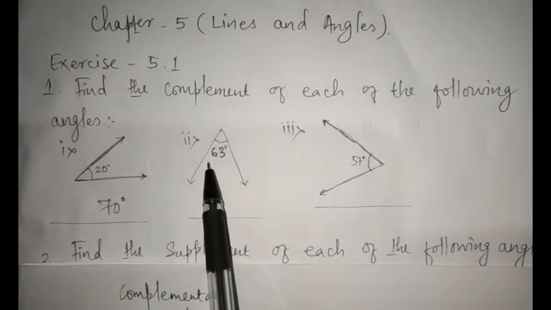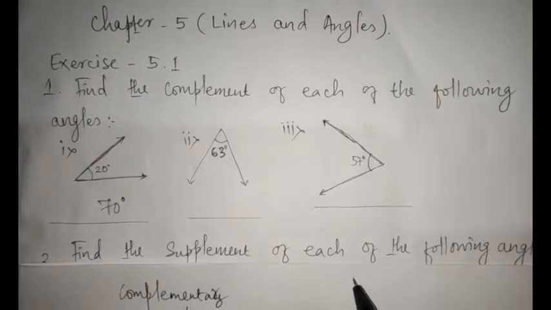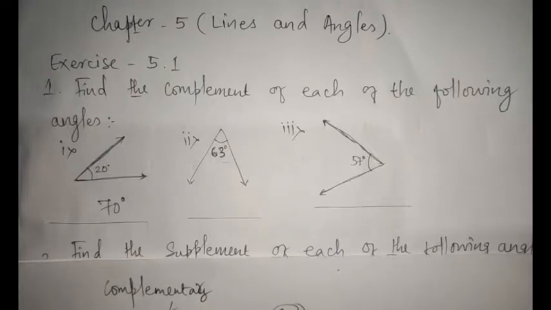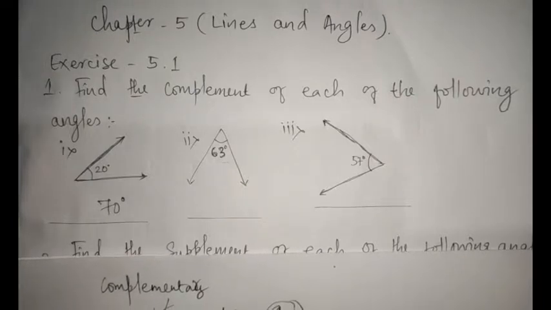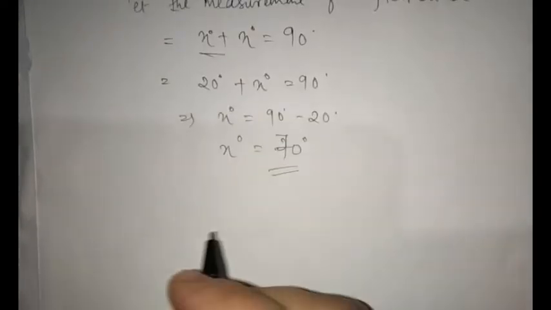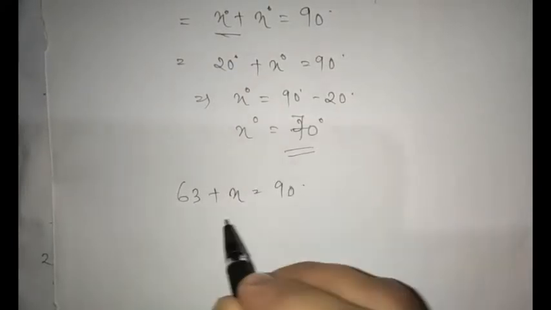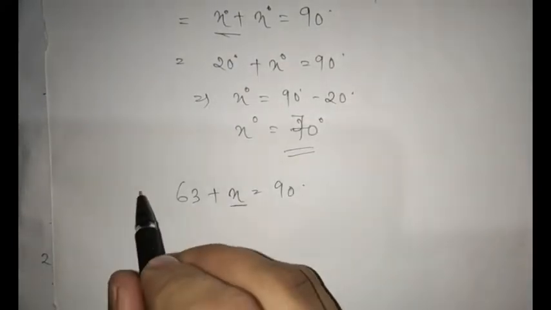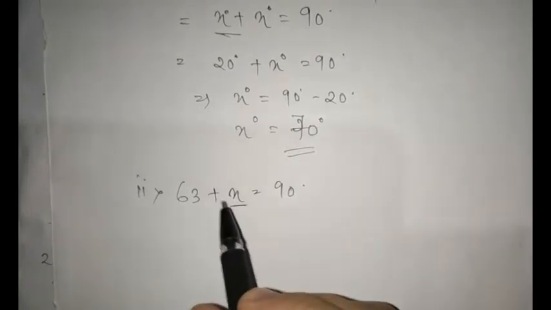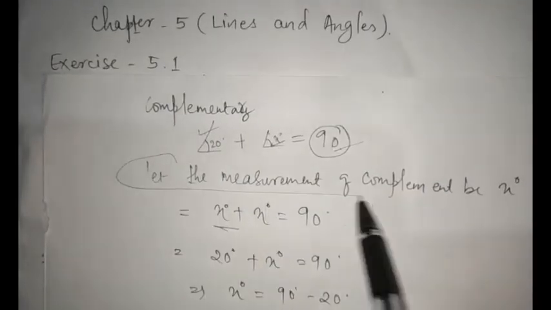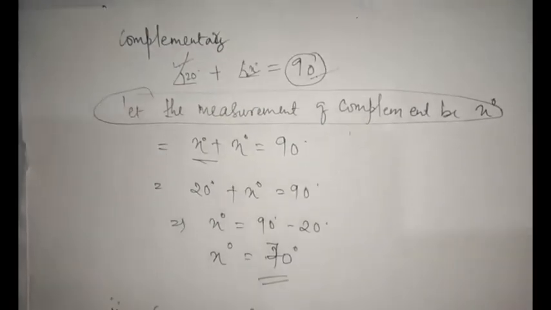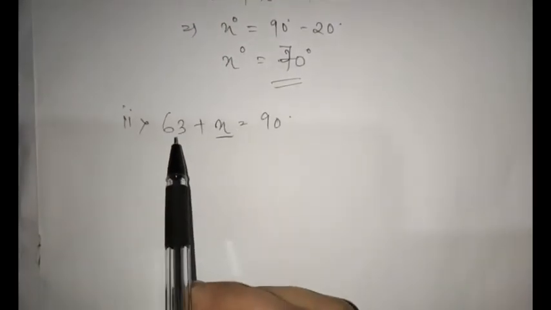Similarly, you will find it for this one also. You can do it directly in the manner I have done. One angle is known, that is 63 degrees. So you can write 63 plus x is equal to 90 degrees, because the other angle we don't know. I'm doing this number 2. Let the measurement of the complement be x degrees, then 63 plus x is equal to 90.